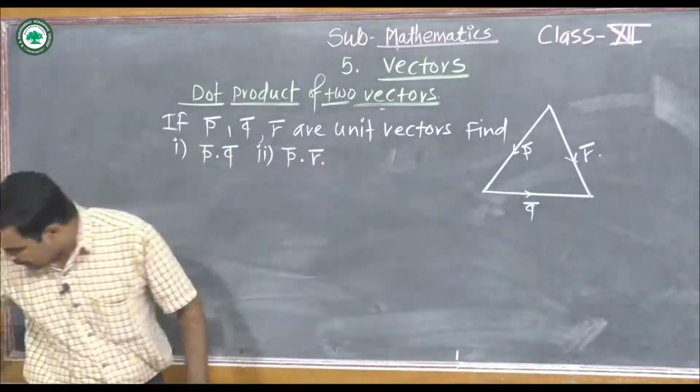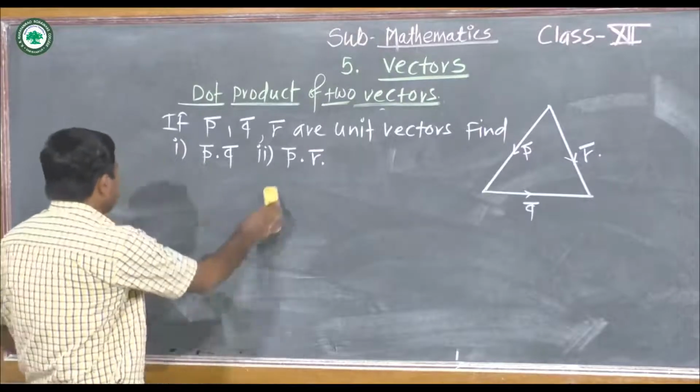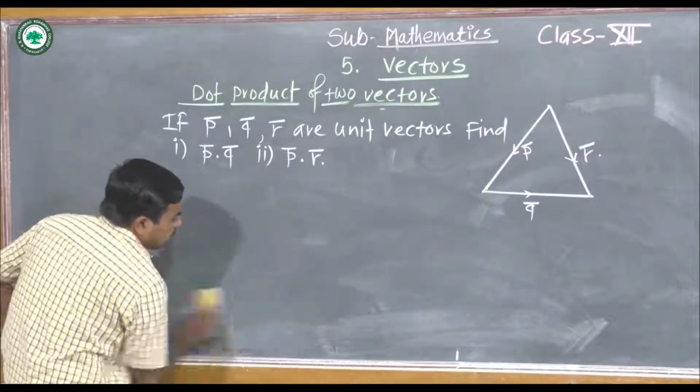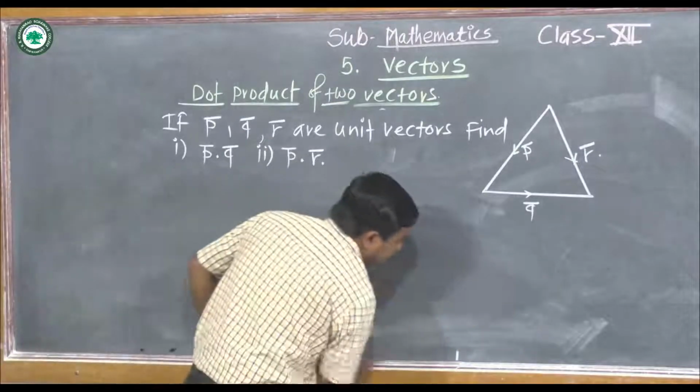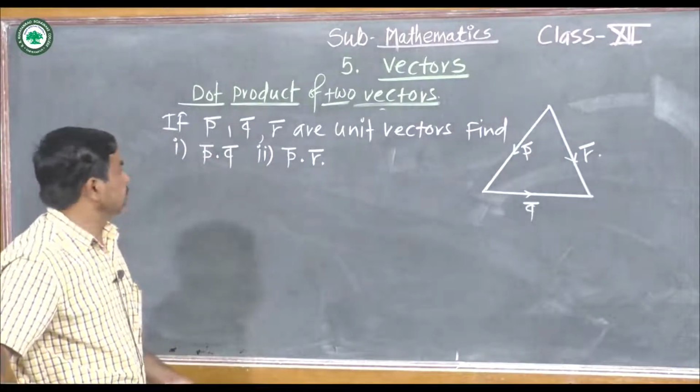Means in the problem p bar, q bar and r bar are unit vectors, and they lie along the sides of a triangle.